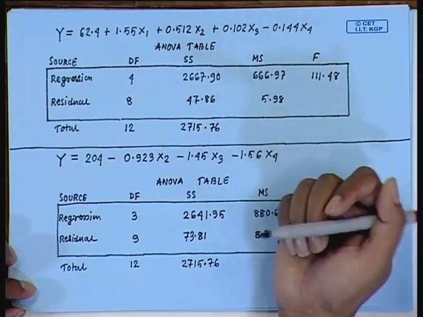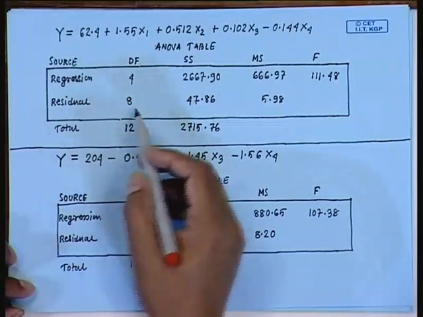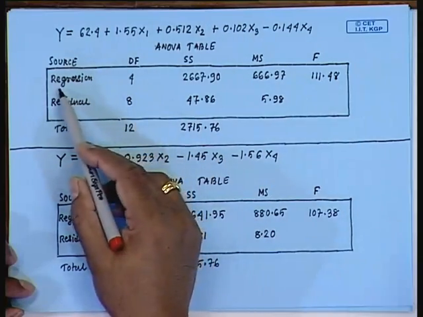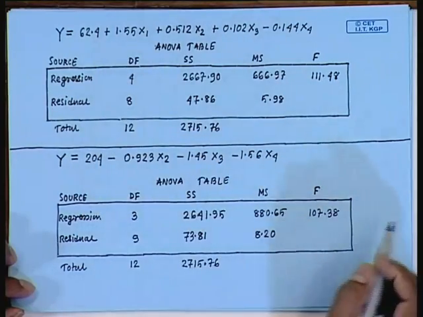So, you will be getting 5 normal equations, that means 5 constraints on residuals. So 13 minus 5 is equal to 8. So the residual has degree of freedom 8, and hence the regression has degree of freedom 4.